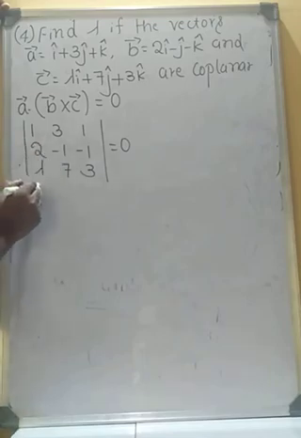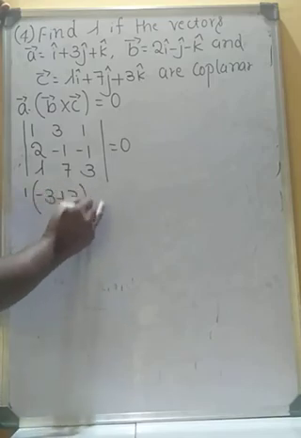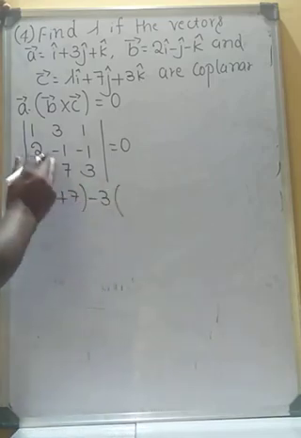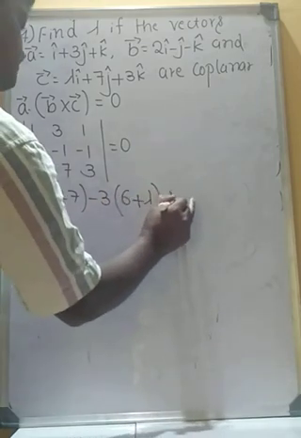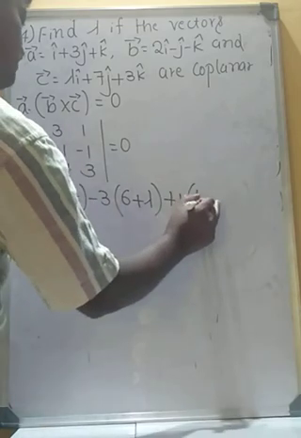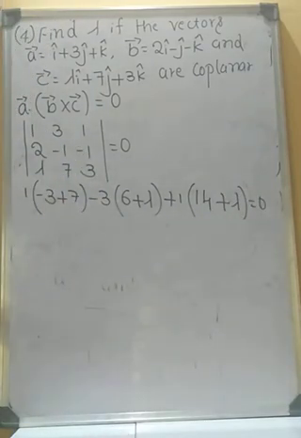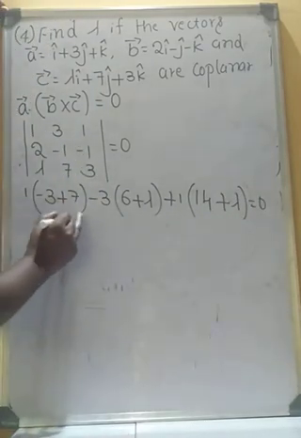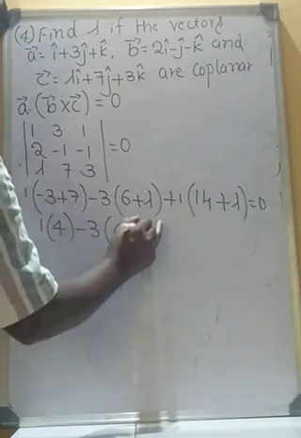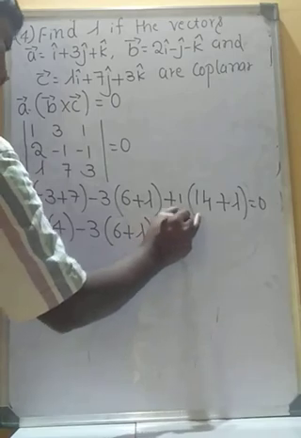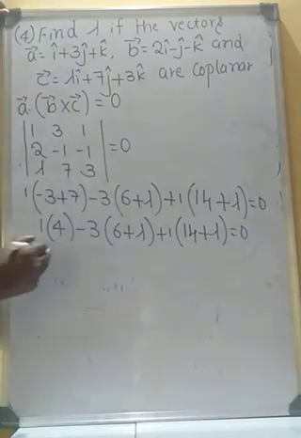So expand this determinant: 1 into (-3 + 7), minus 3 into (6 + lambda), plus 1 into (14 + lambda), equal to 0.